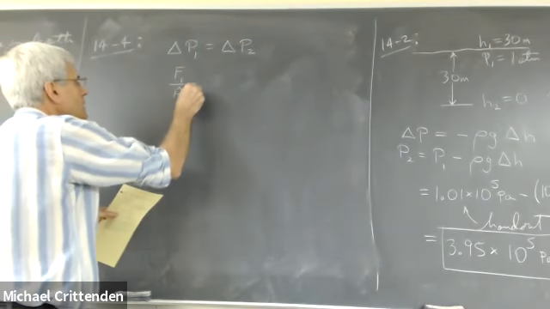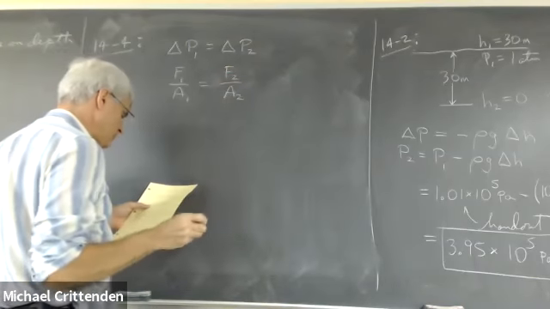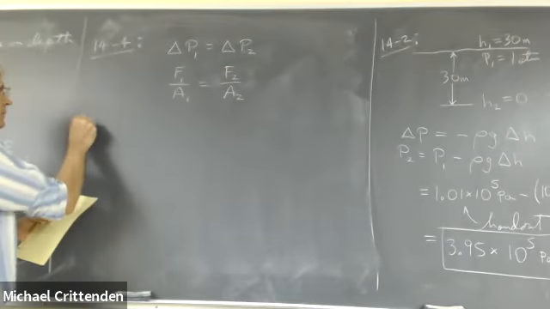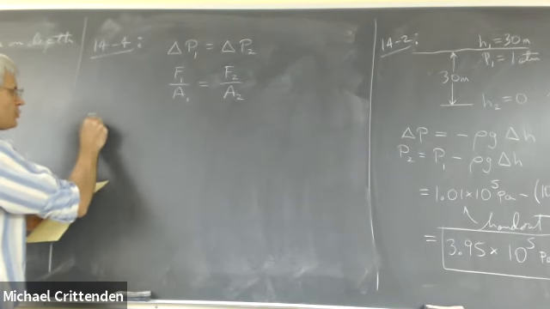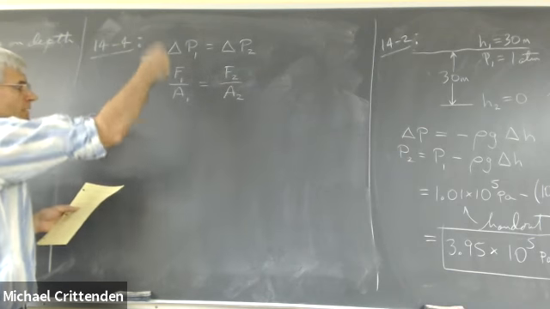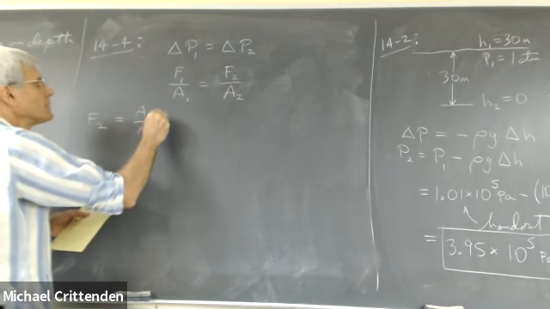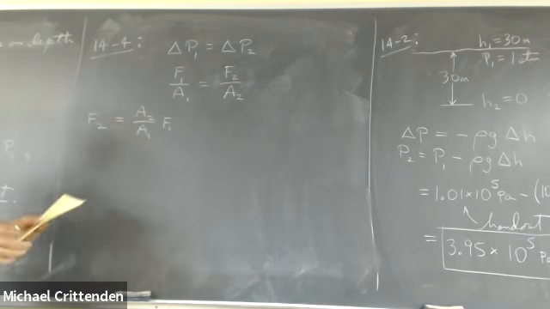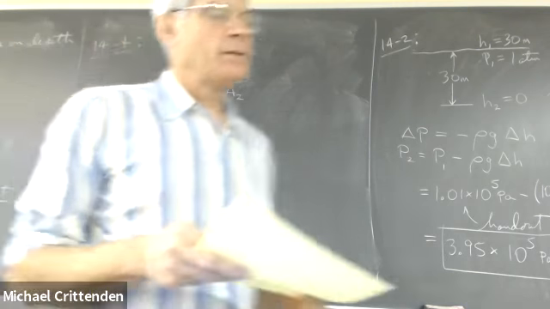F1 over A1 equals F2 over A2. So therefore, I called the one I'm looking for F2. You multiply both sides by A2 and you've got this: the ratio of the areas times F1.